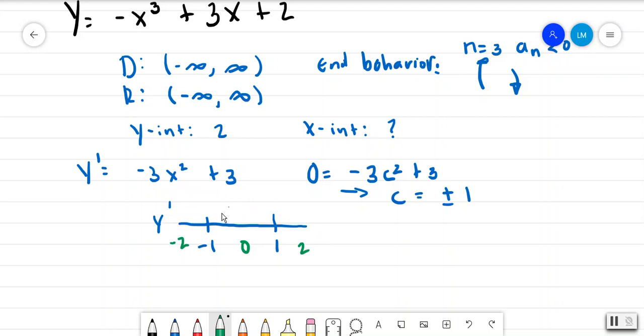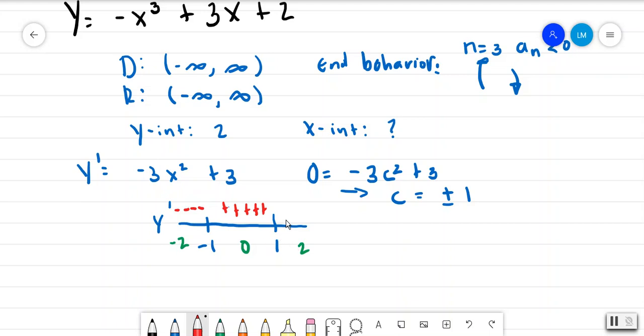If we plug in 0, we're going to find that this is going to be positive. But if we plug in negative 2, that's going to be negative, because negative 2 squared is positive, but times that is negative, so it's going to be bigger than this one.